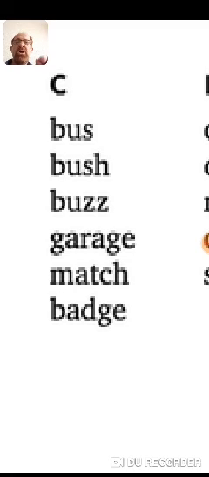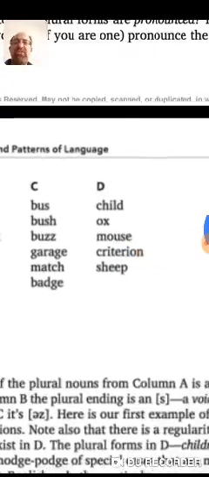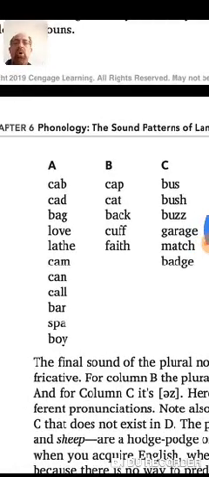Bush becomes bushiz. Buzz becomes buzziz, etc. After that, we look at all the sounds. When the word ends in a consonant that is voiceless, we have column B. When it is voiced, we have column A, we add z. For column B, we had s.